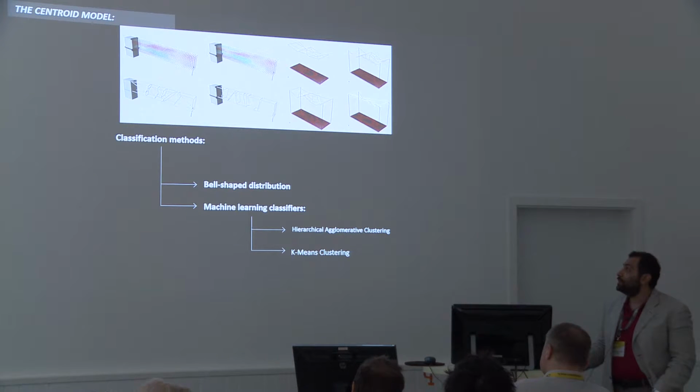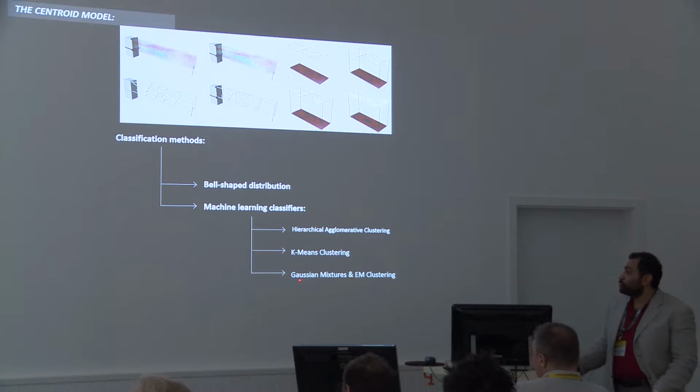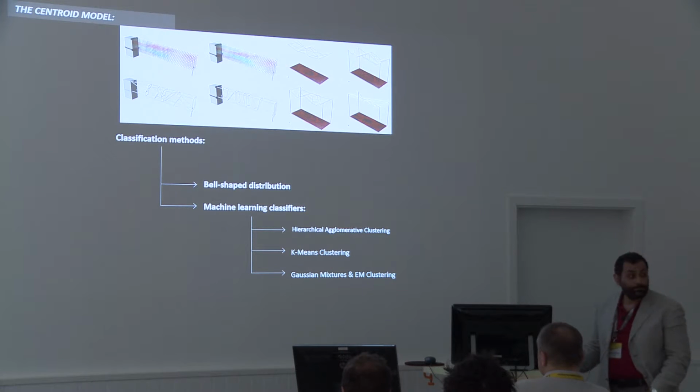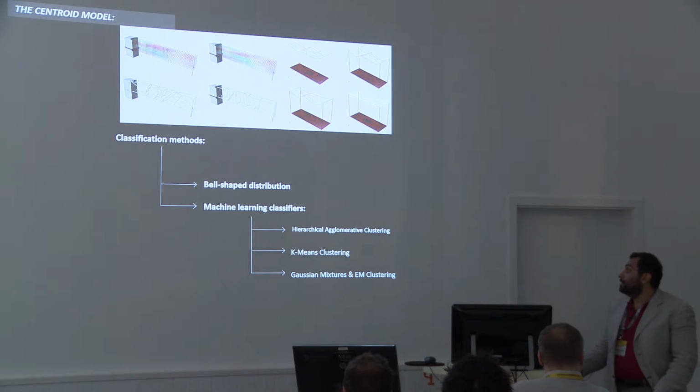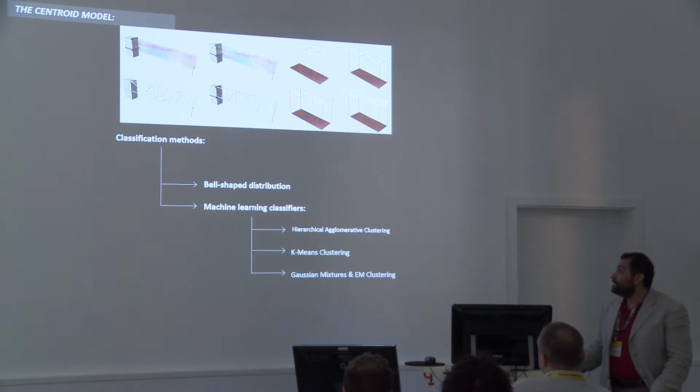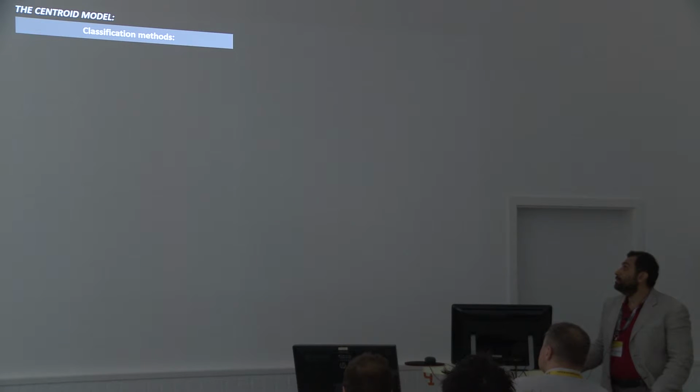I tried another one, the Gaussian mixture and EM clustering, without knowing that such clustering exists. These are the three clustering methods underneath the machine learning classifiers, defined in the field of machine learning classification. The actual use of these methods will be clarified soon.